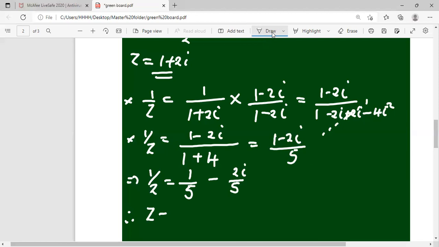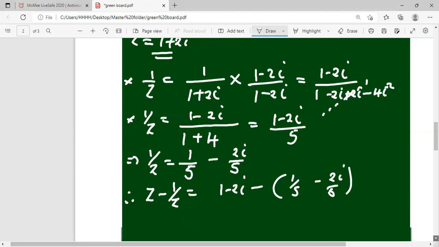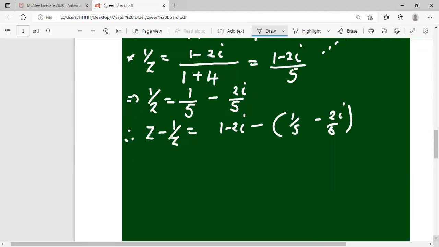Therefore, to find z minus 1 over z, this is equal to, our z is 1 plus 2i minus 1 over z, which is 1 over 5 minus 2i over 5. So this implies that z minus 1 over z is equal to 1 minus 2i minus 1 over 5 plus 2i over 5.